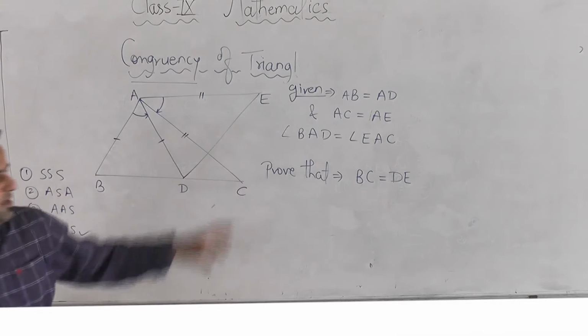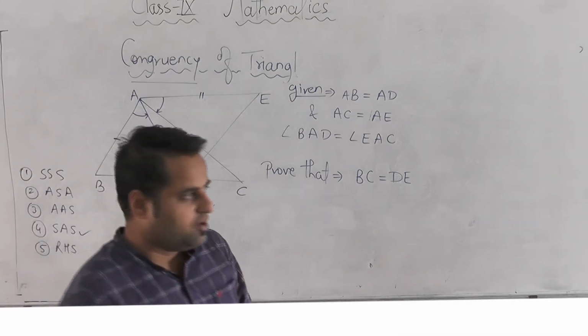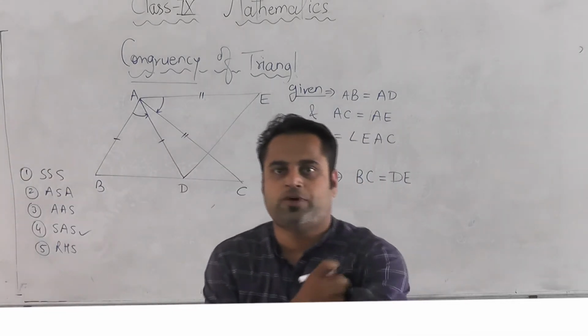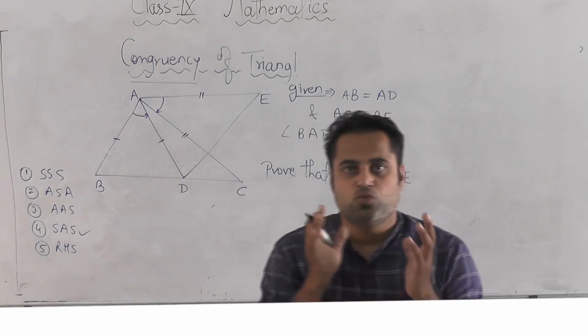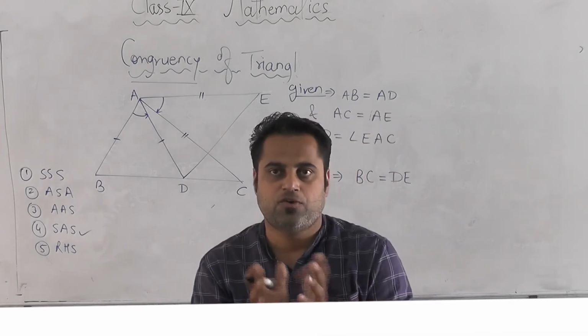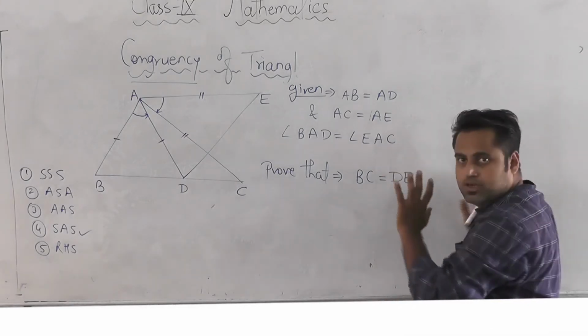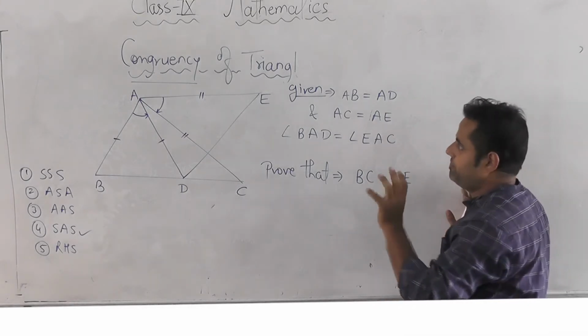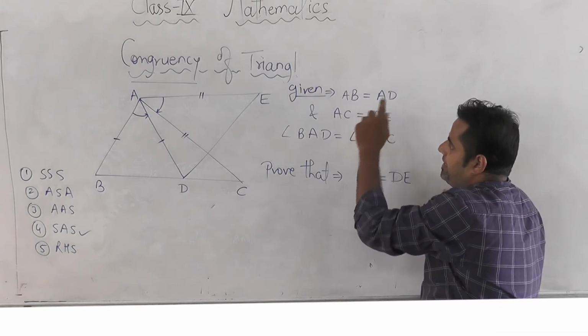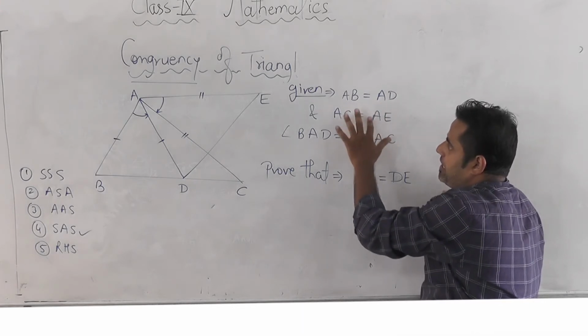Okay, let's see. First we need to find out which triangles we need to compare for congruency. So, whatever is given to us, find the triangles by yourself. AB, AD, AC, AE are given equal.